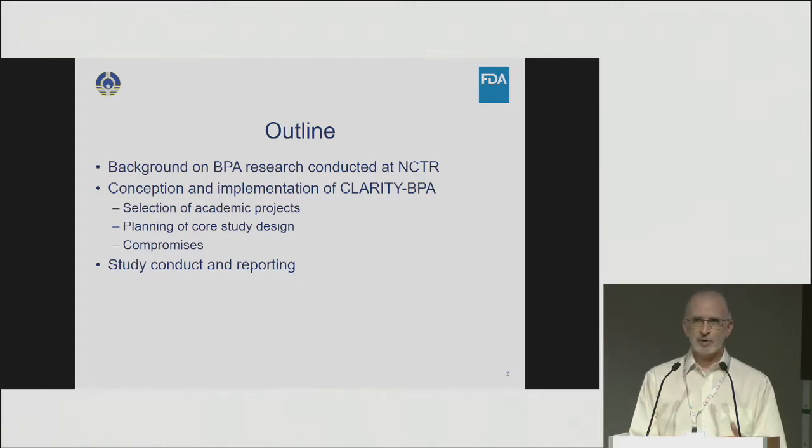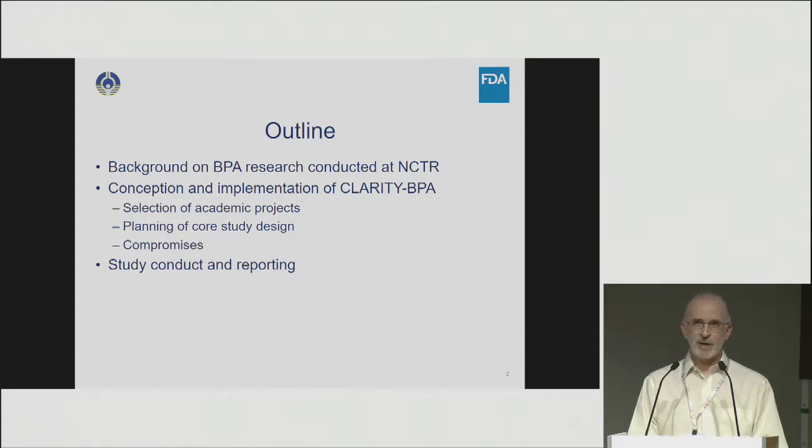So I'm going to first talk a little bit about the background on BPA research conducted at NCTR, which you heard much about yesterday, actually, in terms of the pharmacokinetics. And then the conception and implementation of this Clarity BPA program involving how the academic projects were selected, the planning of the core study design, interaction with the academics, and then compromises that had to be made along the way.